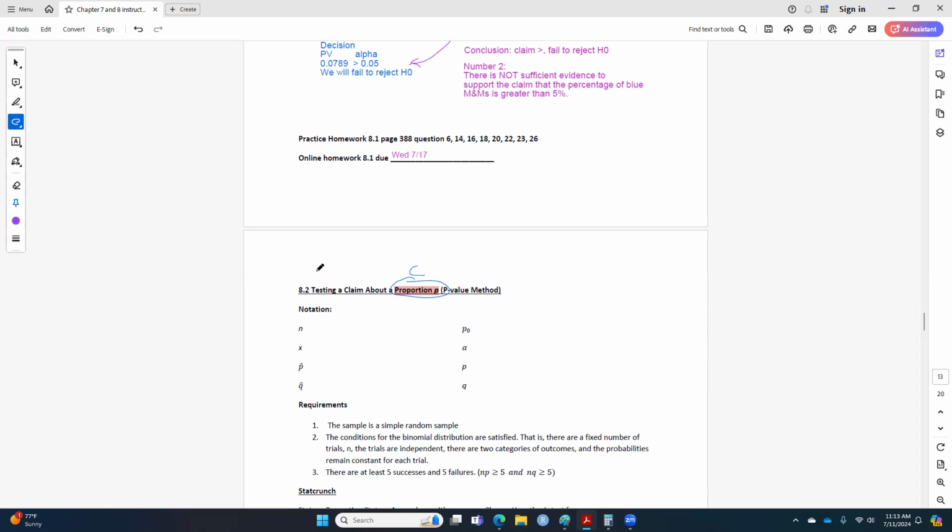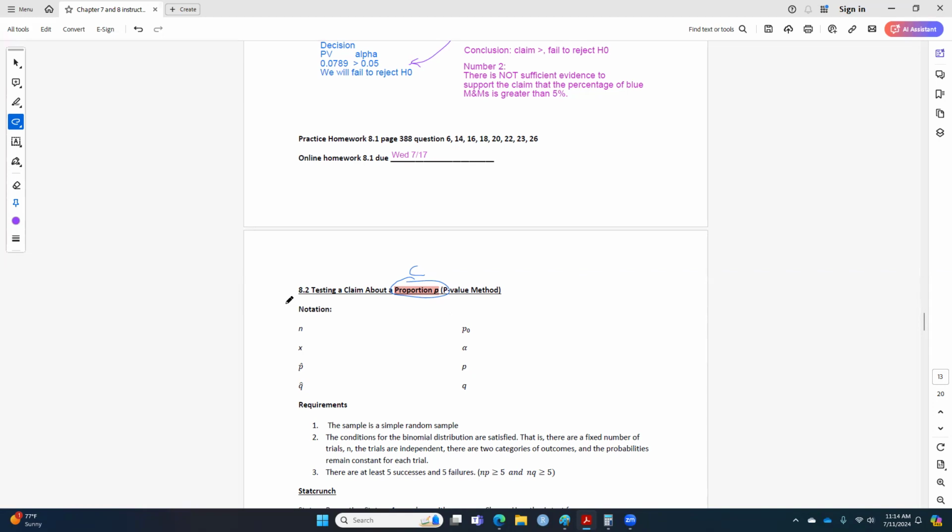So how do we do 8.2? We do a test of a claim for the population proportion P, where we are doing categorical variables in this case, not quantitative. So that will be for the proportion case.